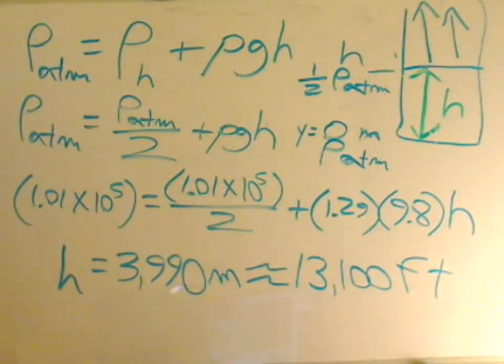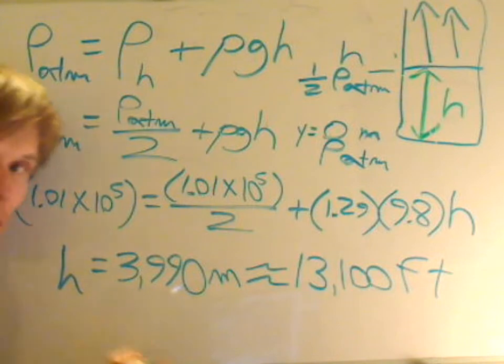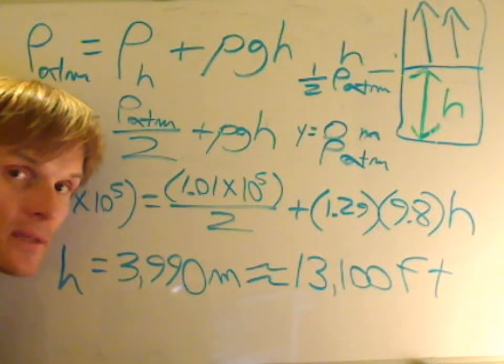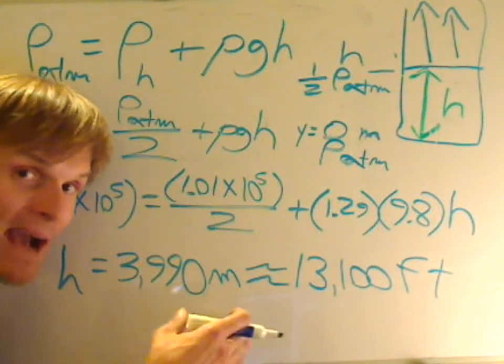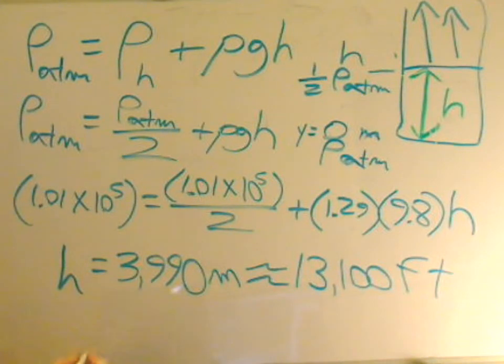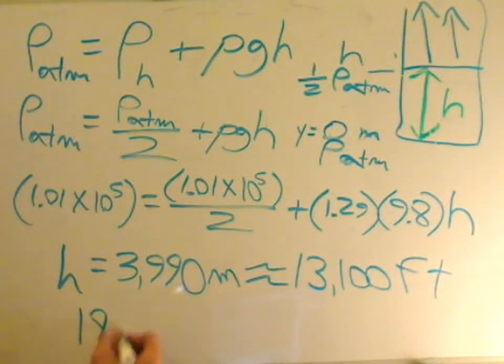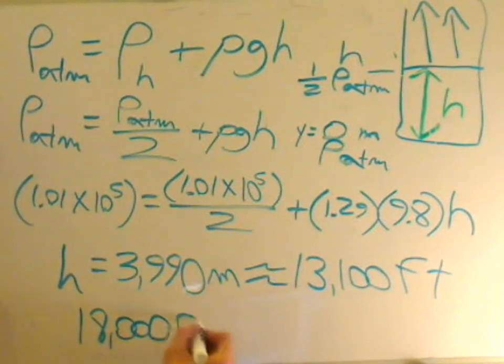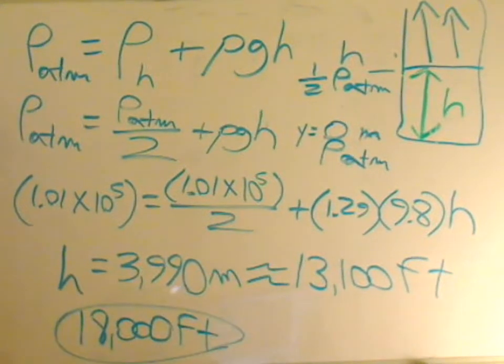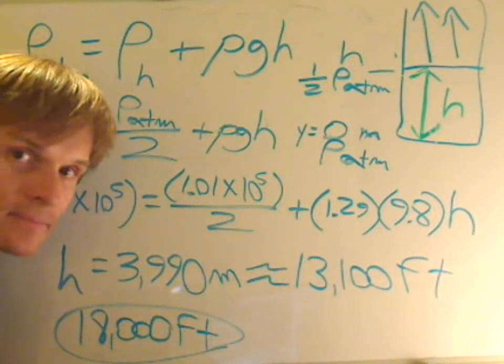Now, this is a little far off from the actual height where we have half of atmospheric pressure. The actual value is more like 18,000 feet. So why the discrepancy?